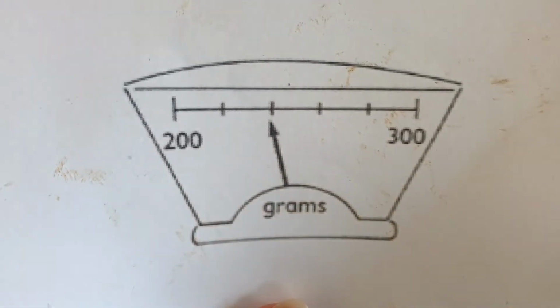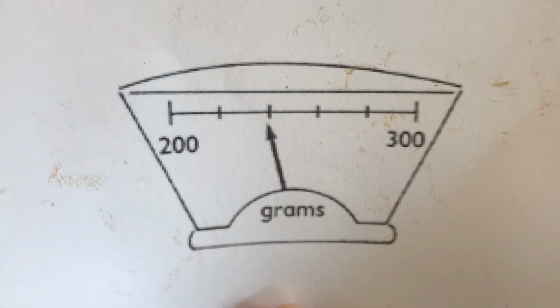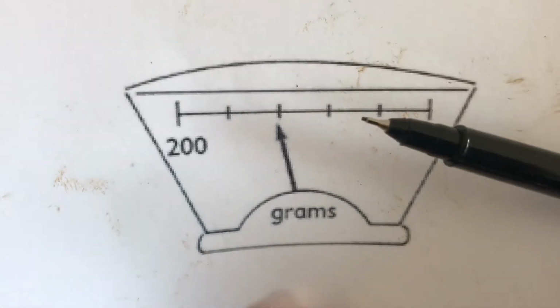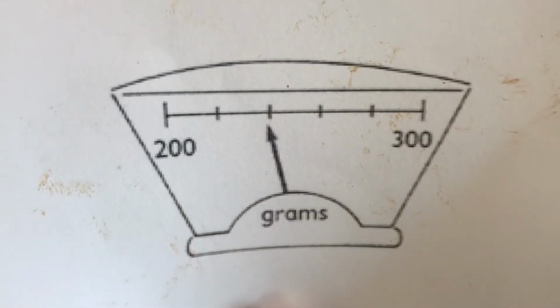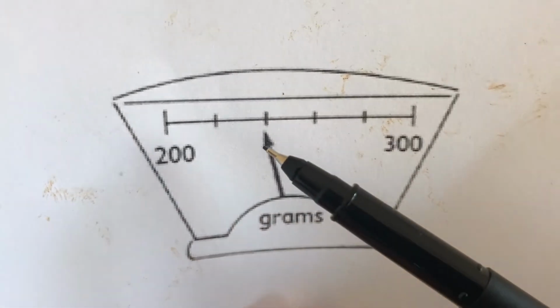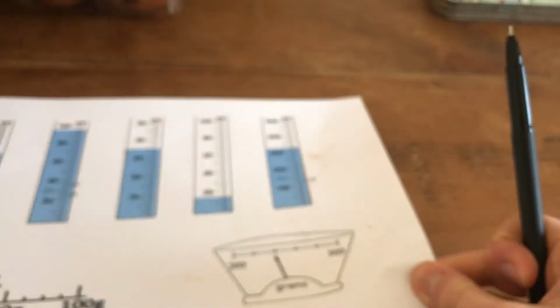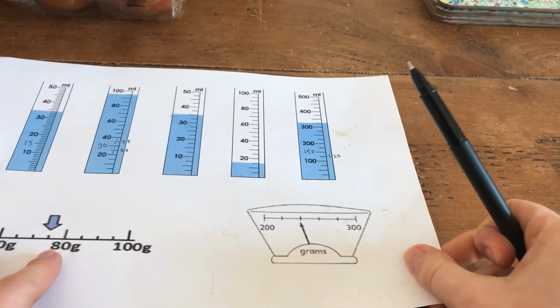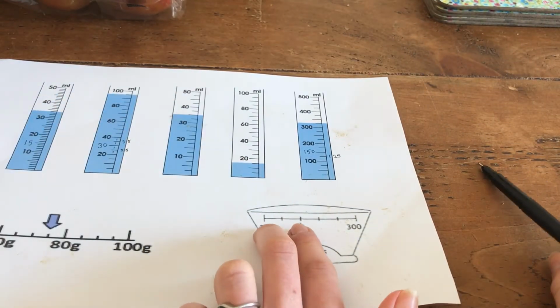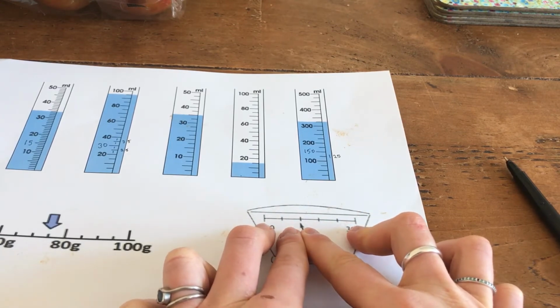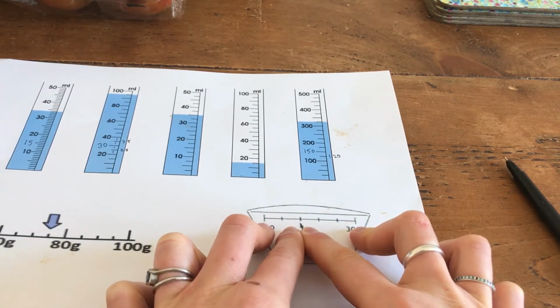Where's the middle line here? There's not one. One of these lines is not showing the midpoint, okay, because where it's pointing here, you've got this section, okay, and then you've got this section which is bigger, so that's not a midpoint there.